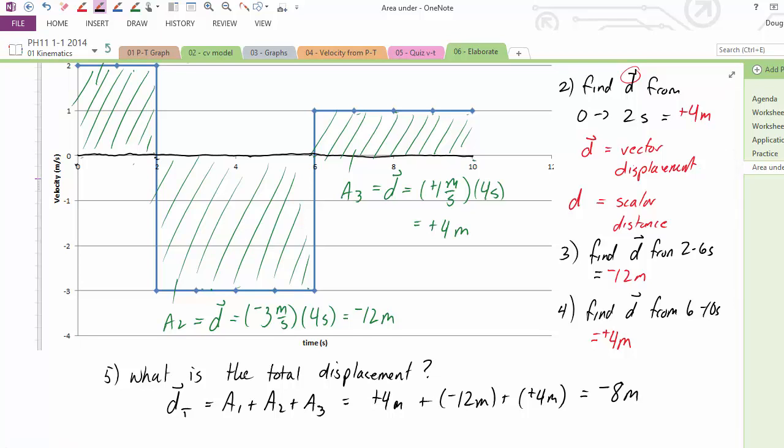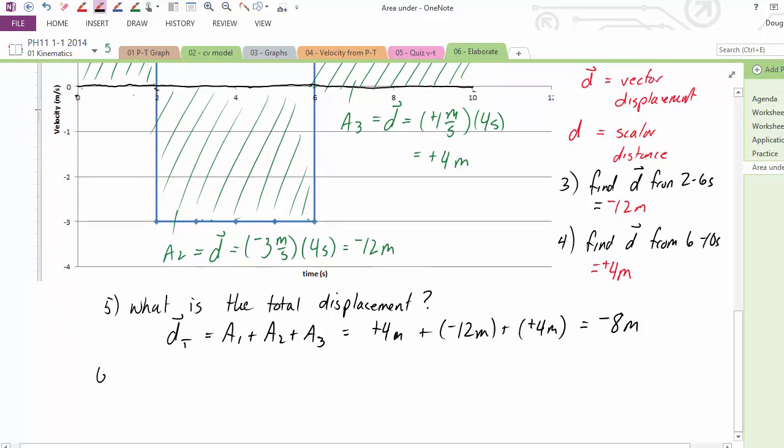And finally, like I kind of said at the beginning, we can find a lot of information from this graph. We can also find the total distance traveled. What is the total distance traveled?